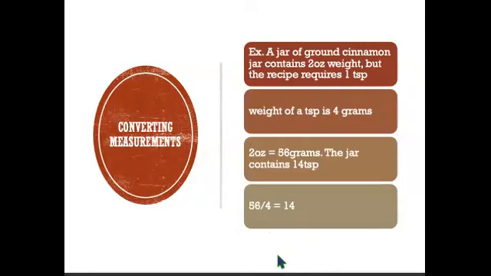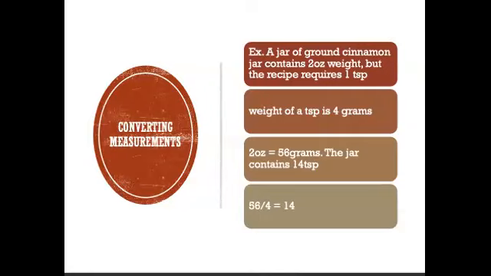How do I find that out? Well, simply, you can Google that, how many grams is 1 ounce, or you can also Google how many ounces in weight is 1 cup of flour, and most likely it will tell you.